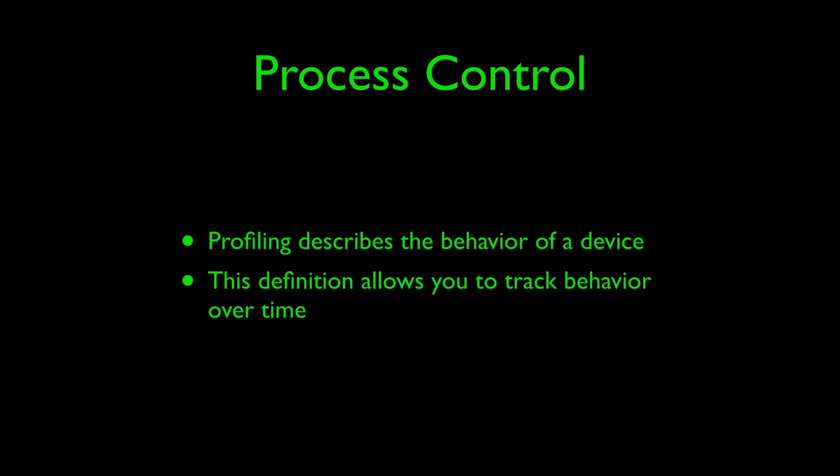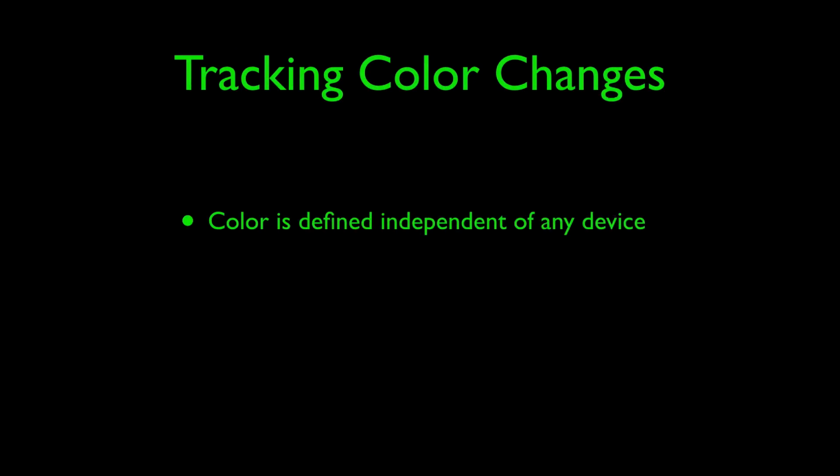Clearly, we cannot calibrate anything properly if we cannot tell how it is changing, and because devices are never perfect, they will always change over time regardless of hardware calibration. We need some method of describing how each device represents color, even in a changed state. In order to achieve this tracking, we need a way to define colors independently from any device.